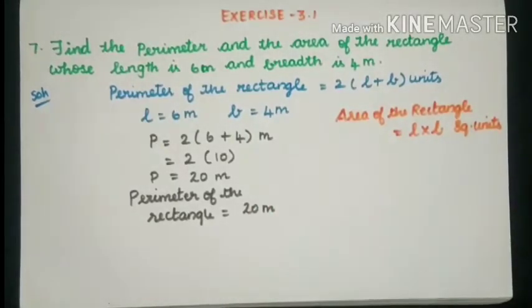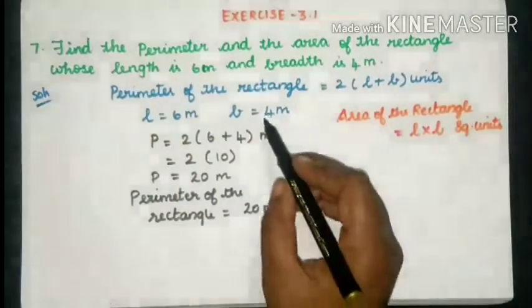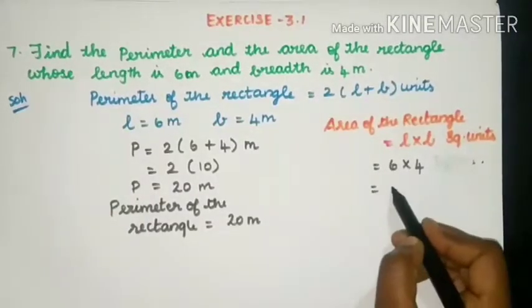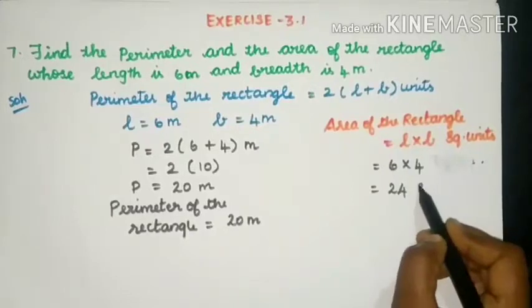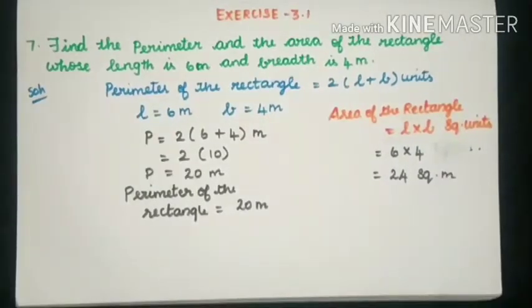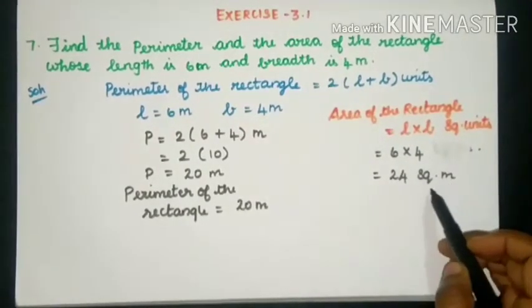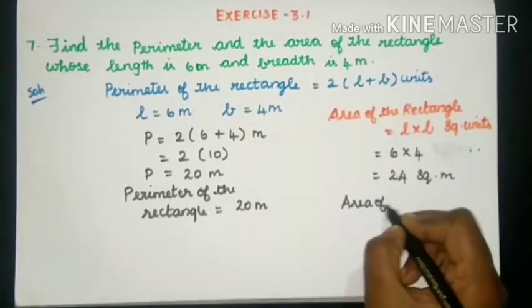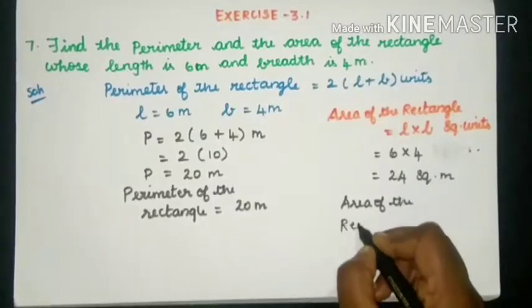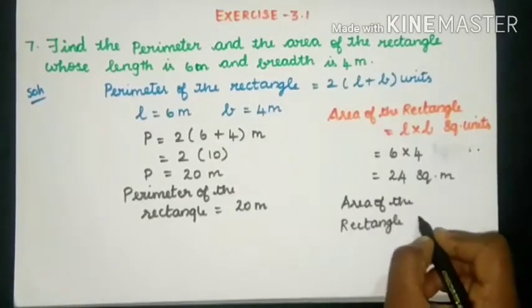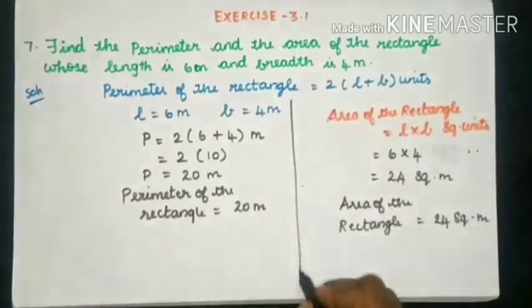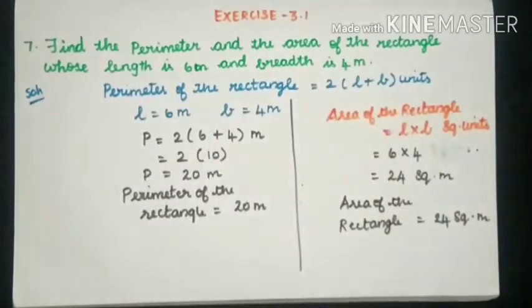Here the length value is, yes, 6 meter, and breadth equal to 4 meter. 6 into 4, 6 fours are, yes, 24 square meter. Here the given unit is meter, so you have to write here square meter. Therefore, area of the rectangle is equal to 24 square meter.